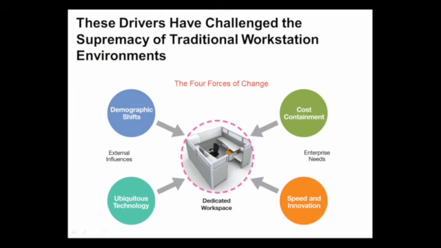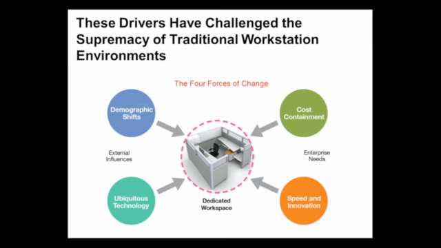What that's really done is blow up the primacy of the cubicle, which really was the planning model, certainly for the 80s and 90s, and really challenged the idea of what an individual's workspace should be and whether there should even be an individual's workspace. Historically, the idea was you came to an office and you had your space. You started with your own office, then it devolved into the workstation.